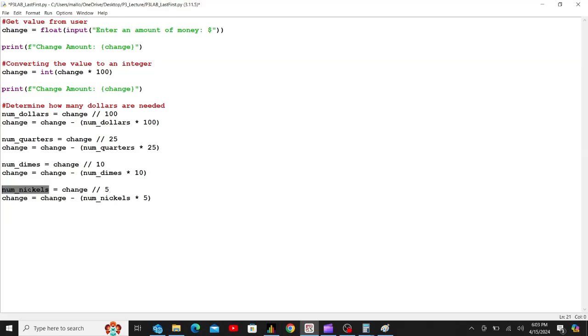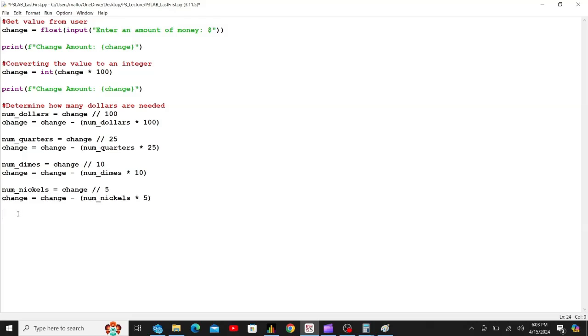So number of nickels becomes 0. Now to get the new value of our change amount, we take the 0, multiply it times 5, so this becomes 0, right? So we say, okay, change is equal to that 4 cents minus 0. So change is still equal to 4.